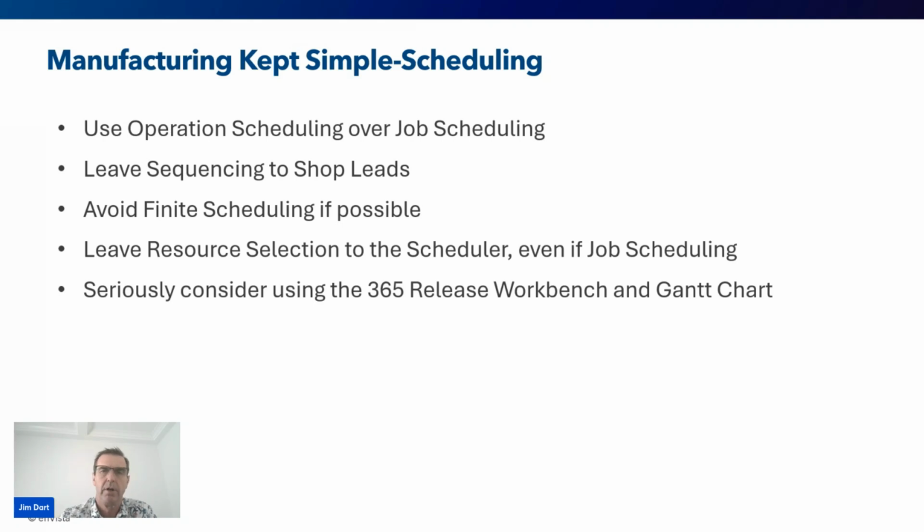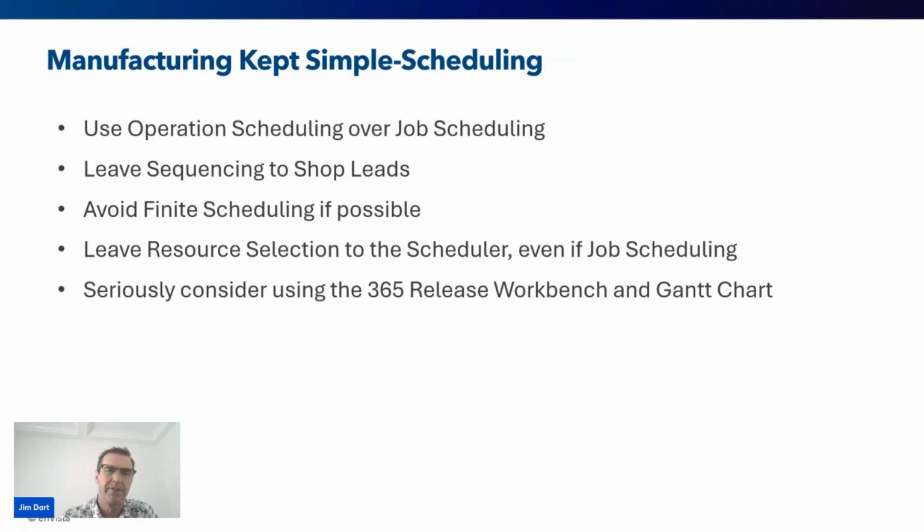And so often we find at an ERP level that operations scheduling is sufficient. Once you get down into scheduling every job on every work order, it becomes a bigger challenge. And so if you can get away with operations scheduling, the simplest approach is to utilize that.